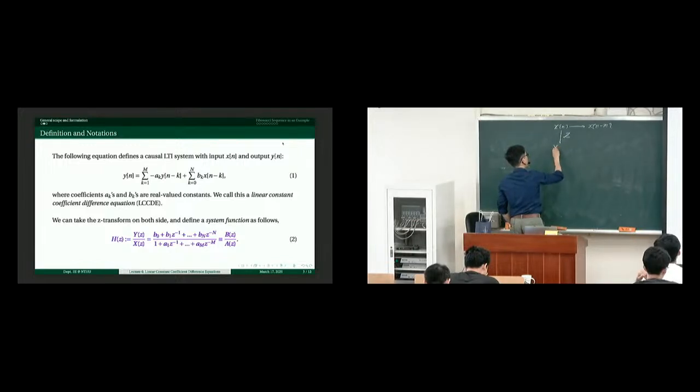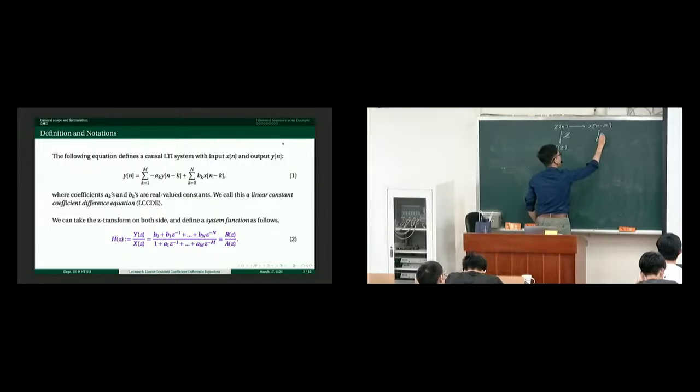After the Z transform, the result is denoted by big X. It's very easy to check that when we shift the signal in the time domain and then go through the Z transform, the result is going to be the original Z transform multiplied by z to the minus m.